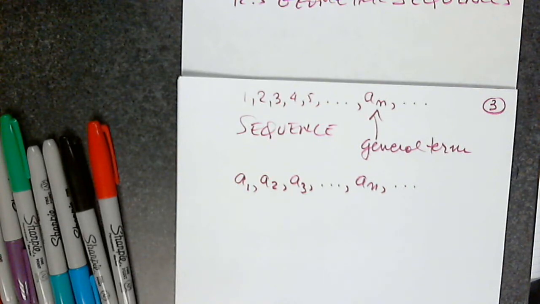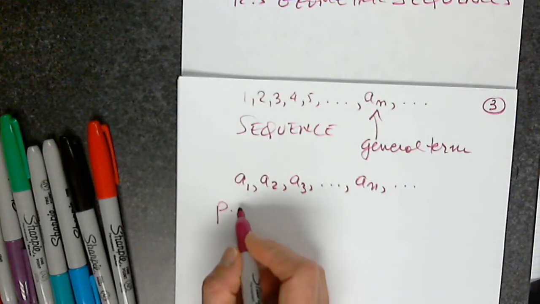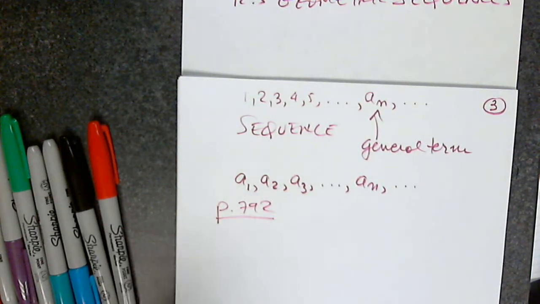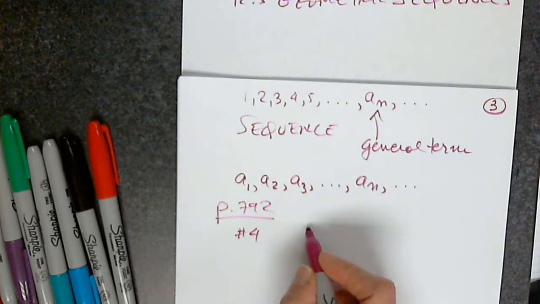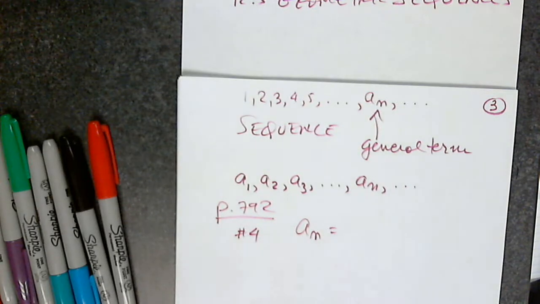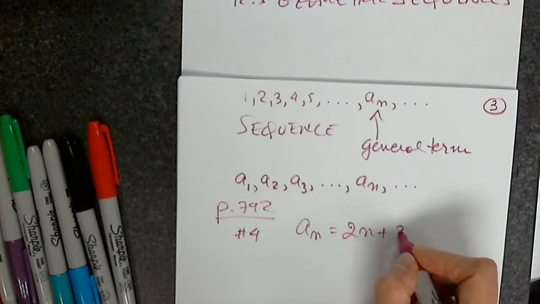So find the first 4 terms and the 100th term of the sequence. We are looking at page 792, and let's say we start with problem 4. The general term is given to us as 2n plus 3.